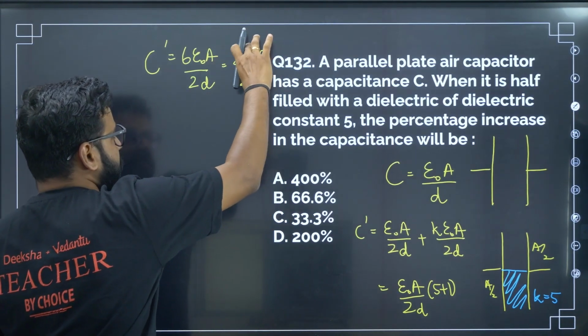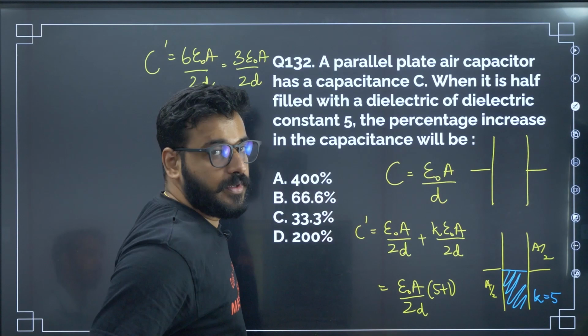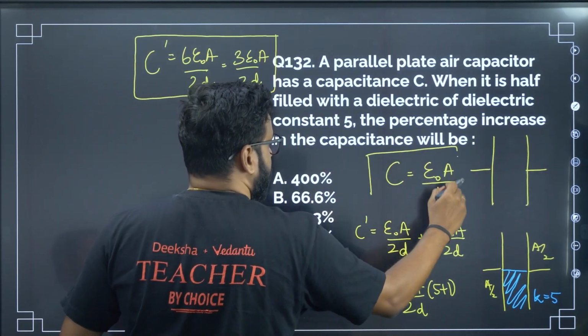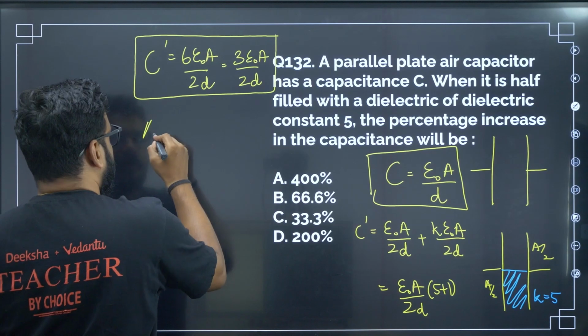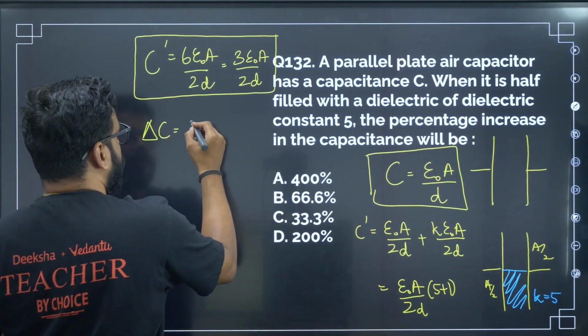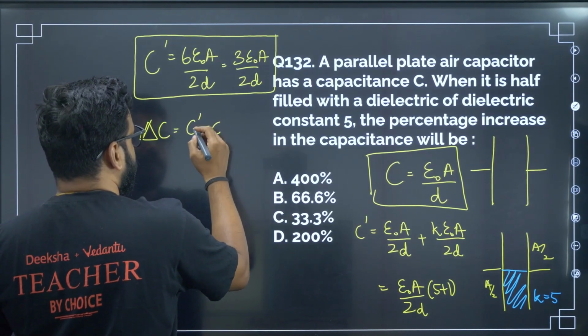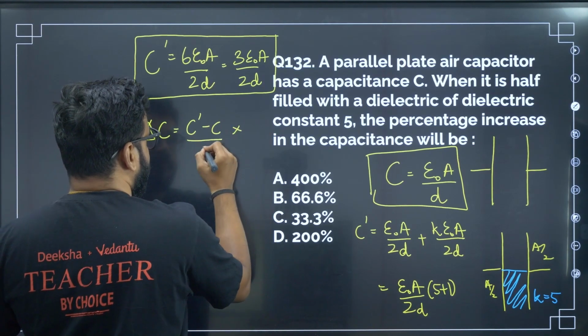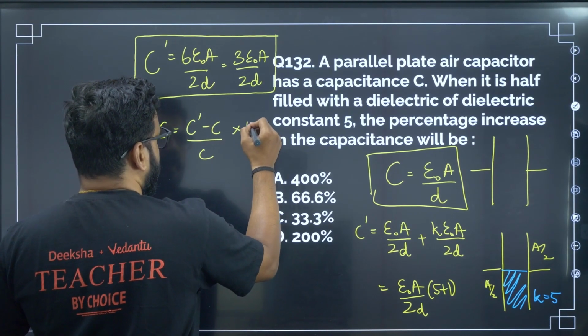So C dash is this, the original is this. This is the initial, this is the final. Now the change, delta C, is equal to C dash minus C. You want the percentage as well, so divided by C into 100.